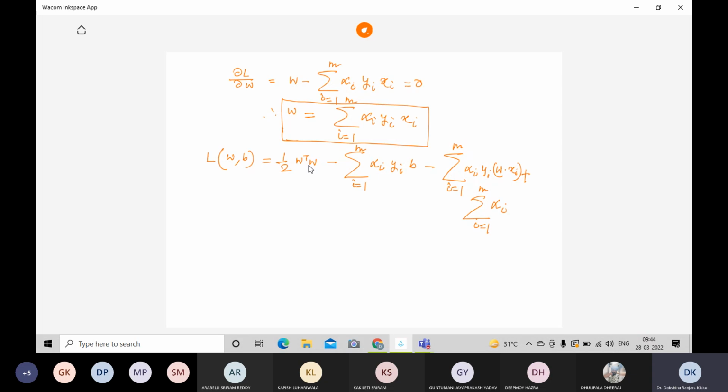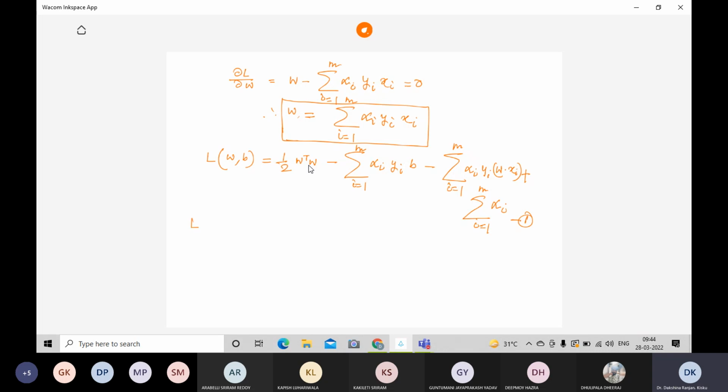Okay. So in this equation we will put the W that has been determined, after taking the derivative of the Lagrangian equation with respect to W. So if we put the value of w in this expanded form of the Lagrangian equation, what will we obtain?